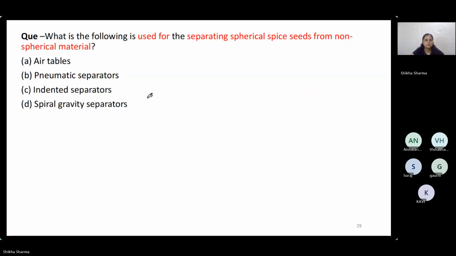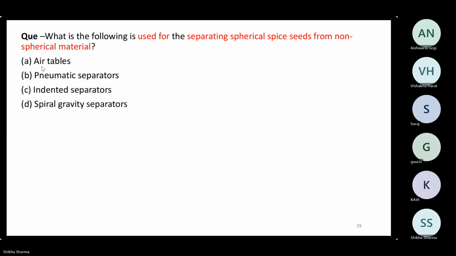Otherwise, we are moving to the next question: which of the following is used for separating spherical spice seeds from non-spherical materials? Air tables, pneumatic separators, indented separators, or spiral gravity separators. Which option is correct?